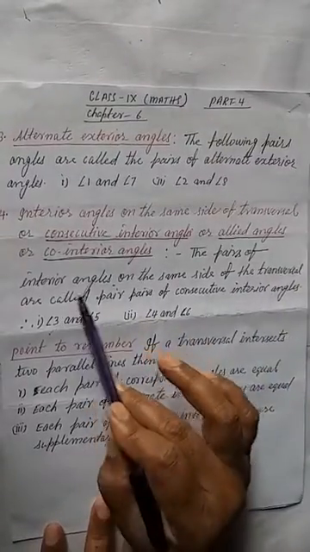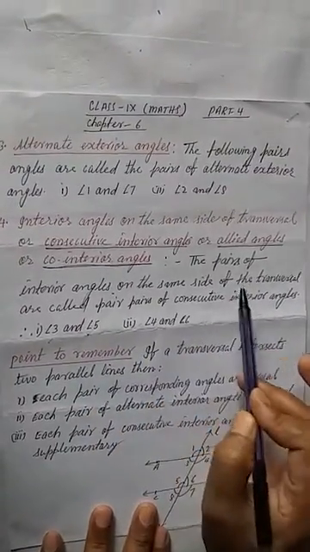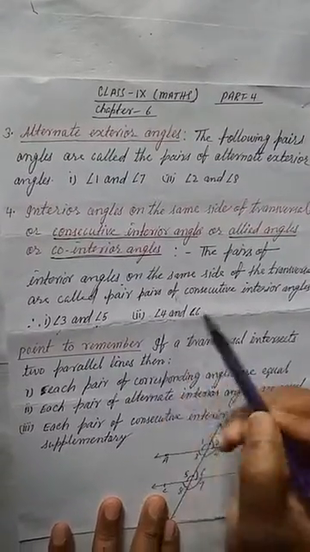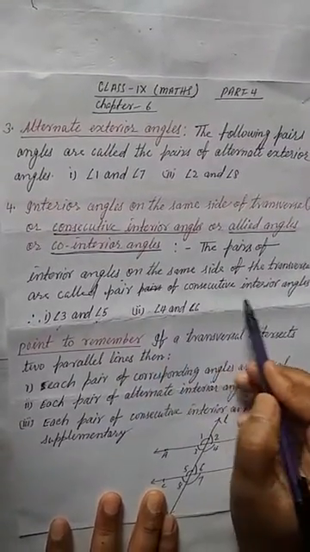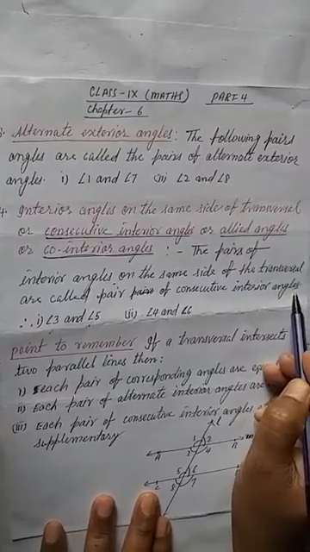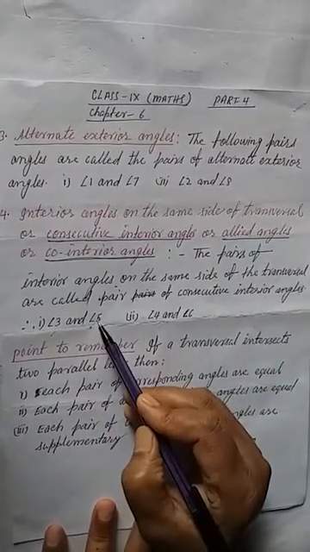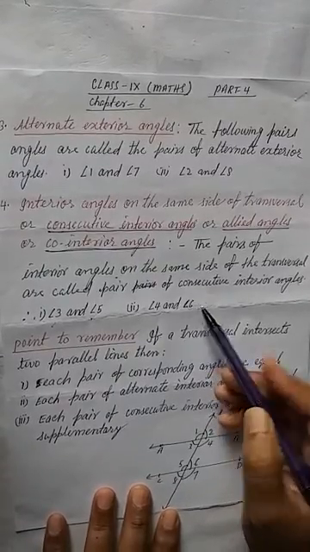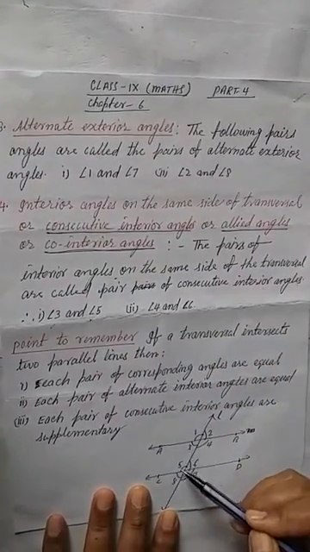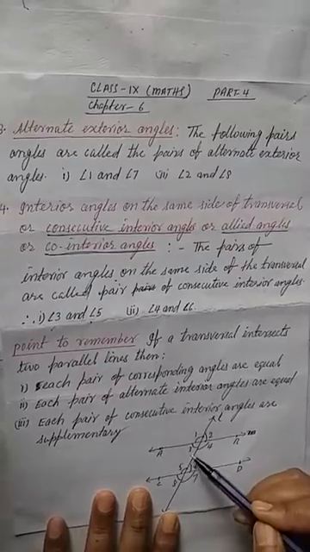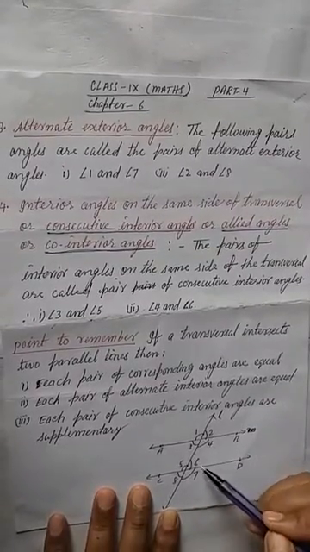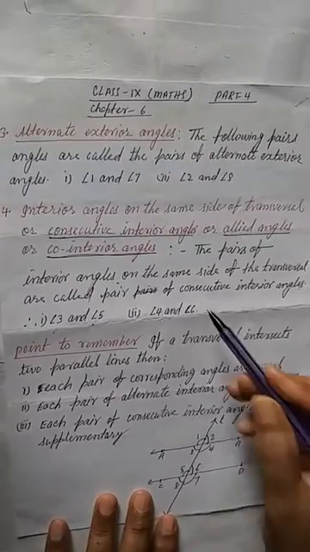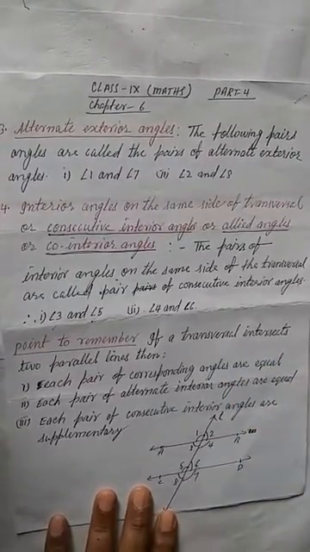The pairs of interior angles on the same side of the transversal are called pairs of consecutive interior angles. So angle 3 and angle 5, angle 4 and angle 6. Here angle 3 and angle 5 are on the same side. Now here angle 4 and angle 6, see here. In this way we can see the interior angles.